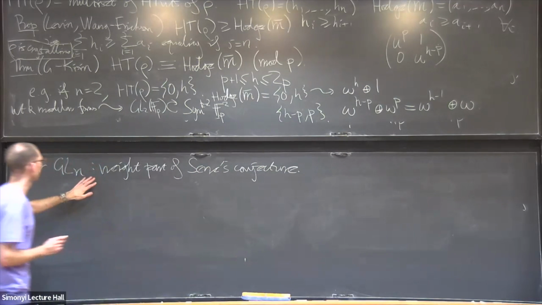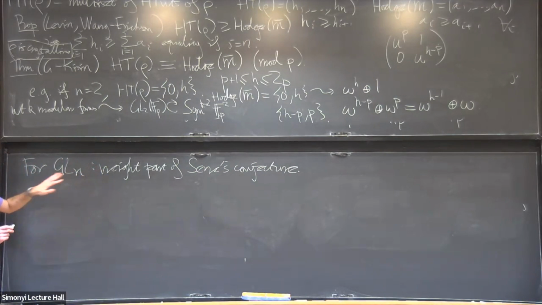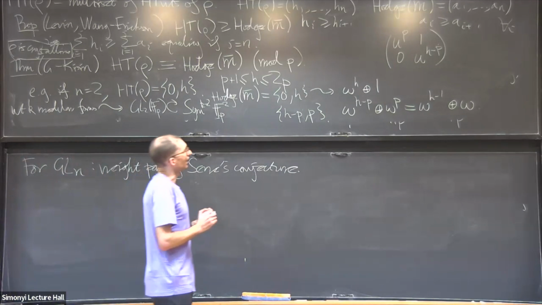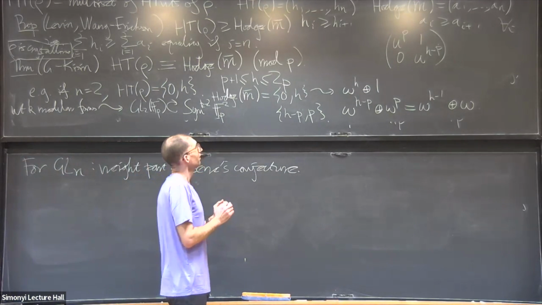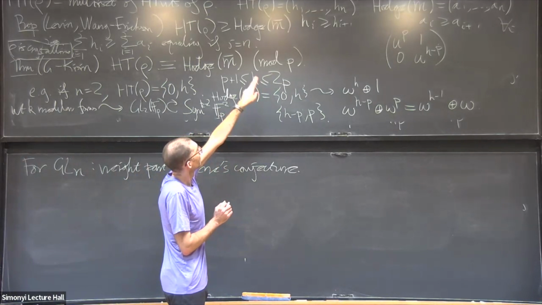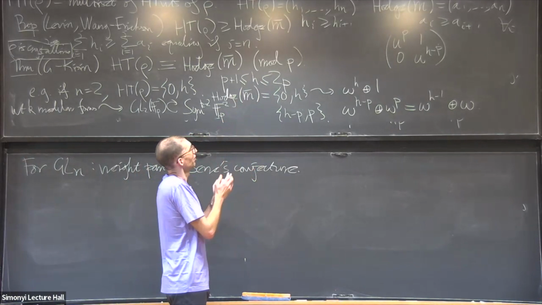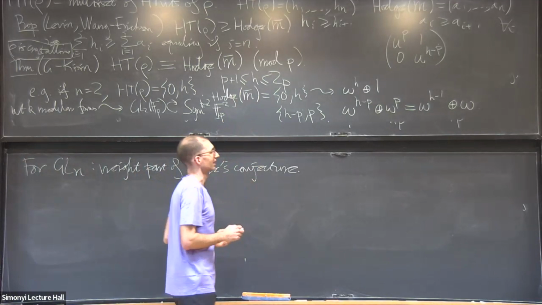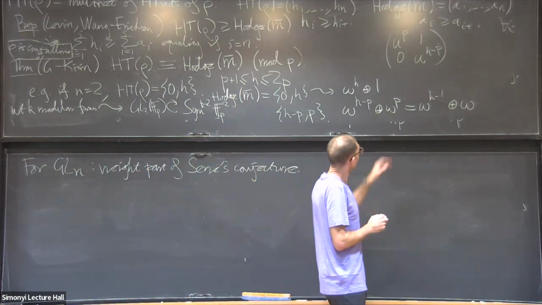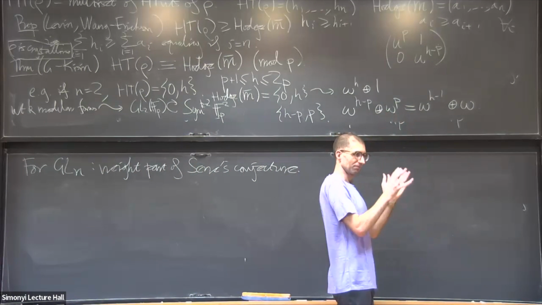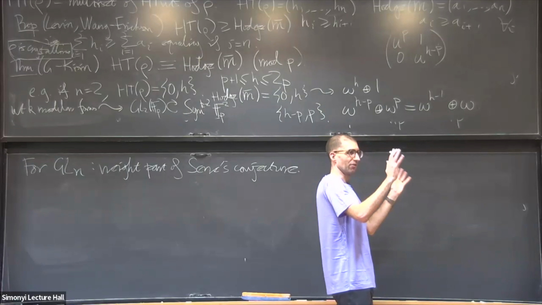But the most interesting thing is that even for GL3, there's not an explicit conjecture in all cases. Florian Herzig made a conjecture in the so-called generic range, which basically amounts to having all of the gaps between these weights be a bit smaller than p and a bit bigger than 0. Similarly, for the Galois representations, you want all of these exponents to be not close to 0 and p minus 1.